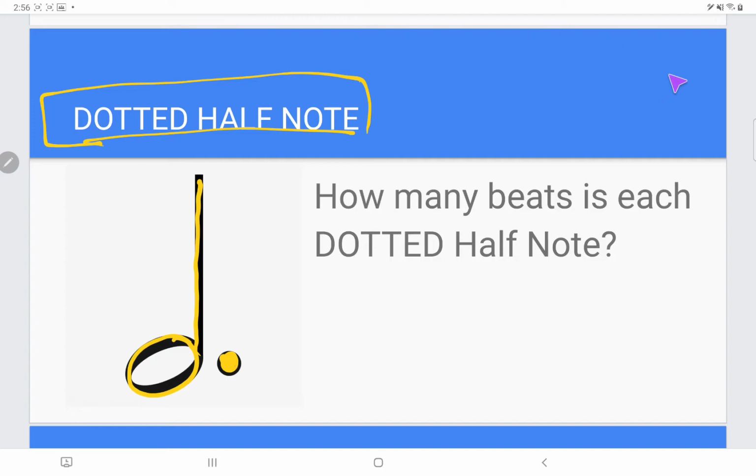So if my half note was 2 beats, then this dot right here adds one extra beat. And altogether, my dotted half note then becomes 3 beats. So that's what I'm going to put for how much it equals.